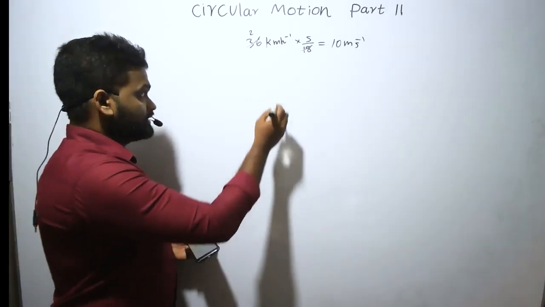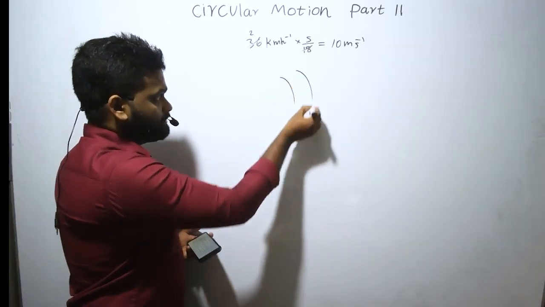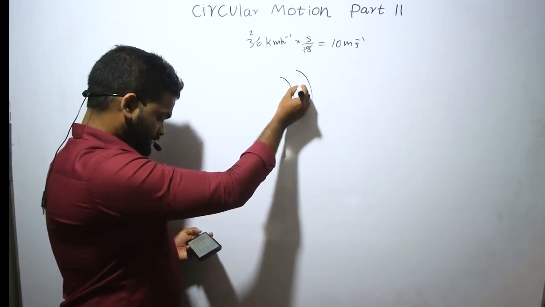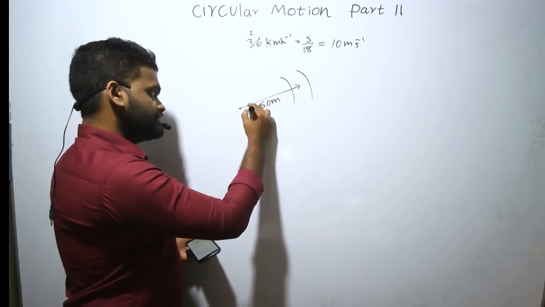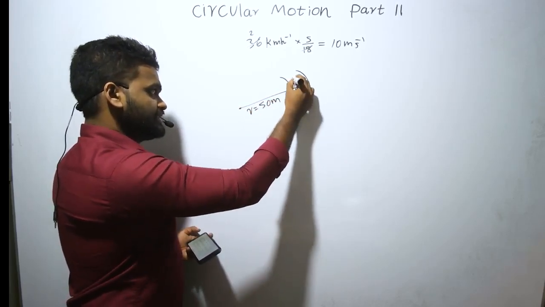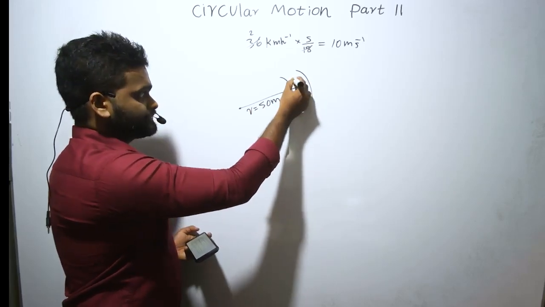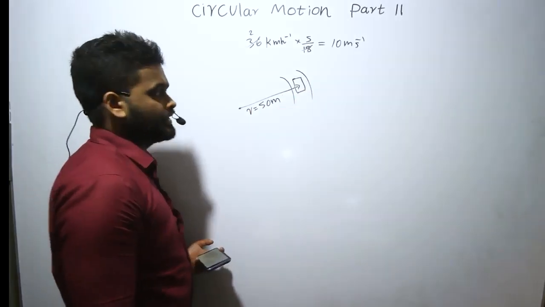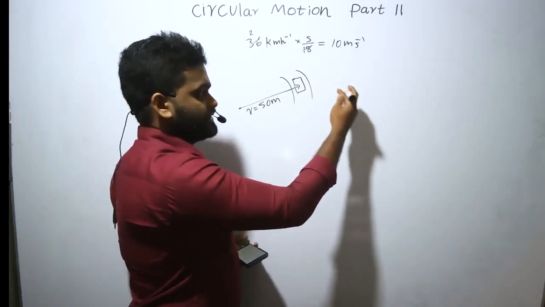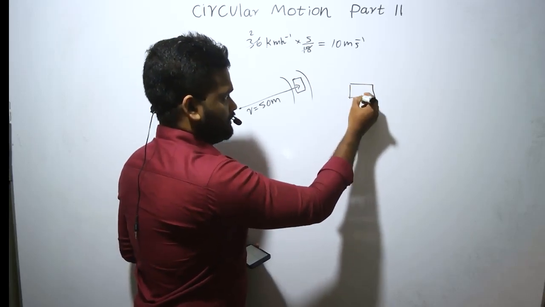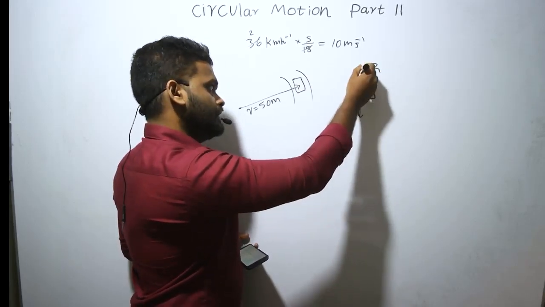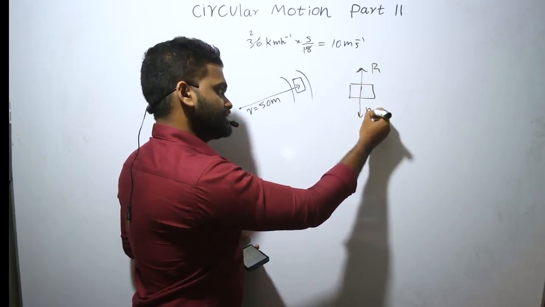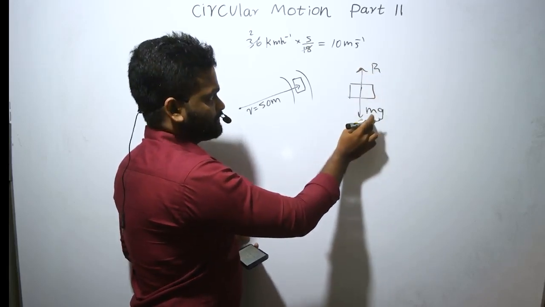So they say the motor car is taking a bend, and the radius they have given as 50 meters. Let's say the car is like this. When you take the side view of this car, this car is balanced under these forces, R and mg.